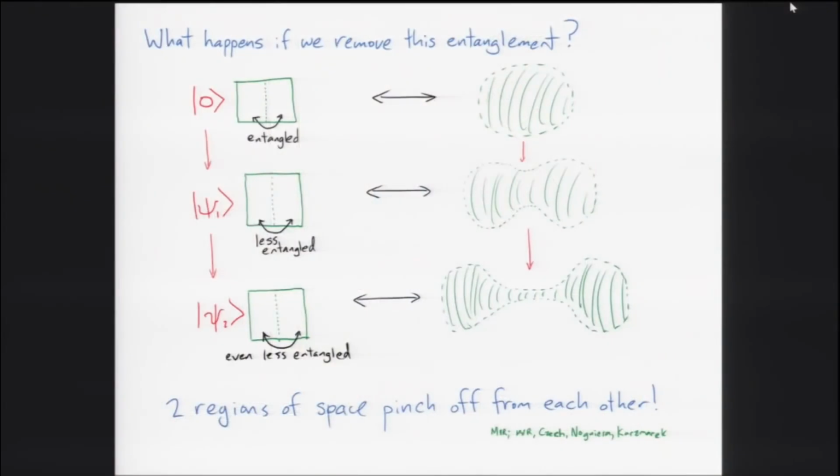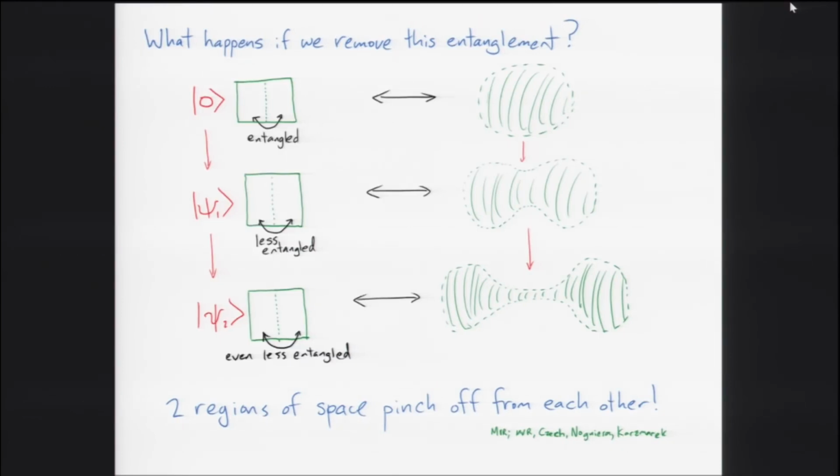So I thought about this thought experiment where you take that vacuum state and you just vary the state. We're free to consider any state that we want in this field theory that's supposed to have a gravity dual description. So I could consider a one-parameter family of states where you start out with that very entangled ground state, and then you arbitrarily draw a line halfway down the middle, and you start removing entanglement.